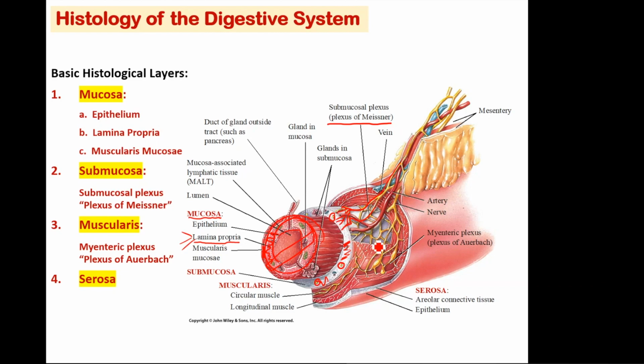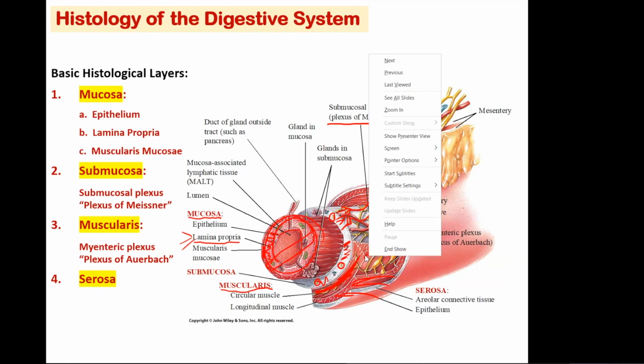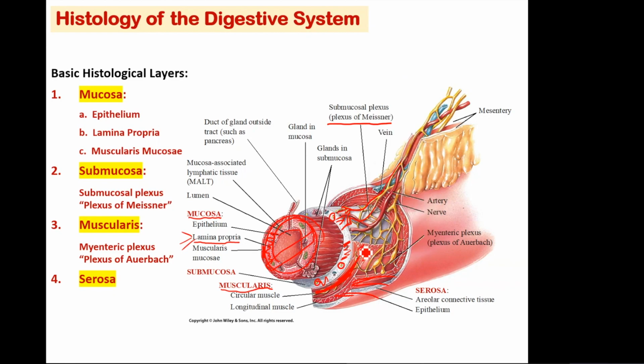Now, outside the submucosa, we have the muscular layer, as I mentioned, known as muscularis, and it is composed of two layers mainly: the inner circular, look at the direction of the fibers, and the outer longitudinal layer. This is the circular layer, and this is the outer longitudinal layer. In between, you have another nerve plexus shown here. Look at it.